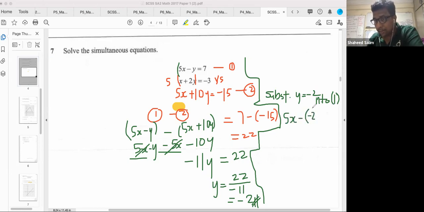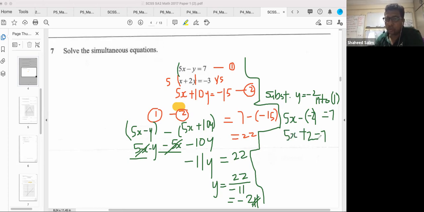Minus, bracket, negative 2, equals to 7. Watch, minus minus equals plus. Look carefully: 5x plus 2 equals 7. Now you bring the plus 2 over that side, it becomes minus 2. 7 minus 2 equals 5. So what is x? x is 5 divided by 5. Get 1.